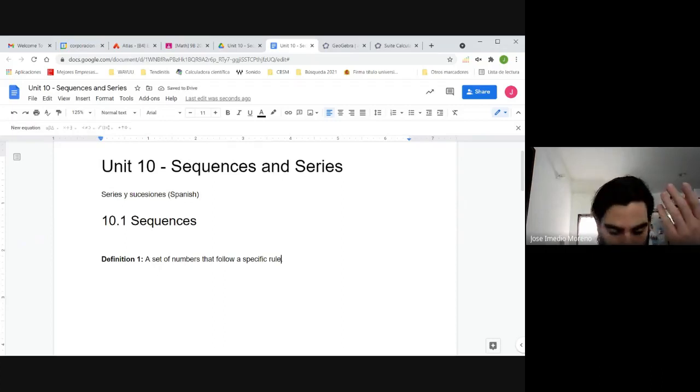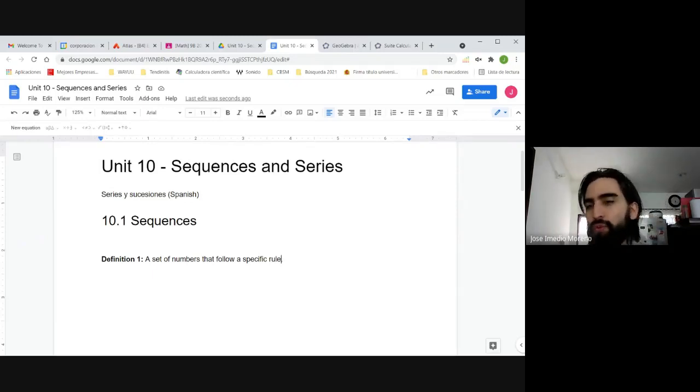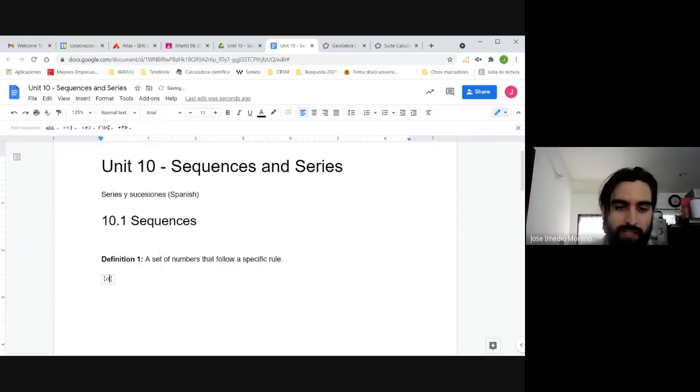A set of numbers that follow a specific rule. For instance, you know, the typical example of a sequence, you were doing some exercises in IXL before Holy Week.